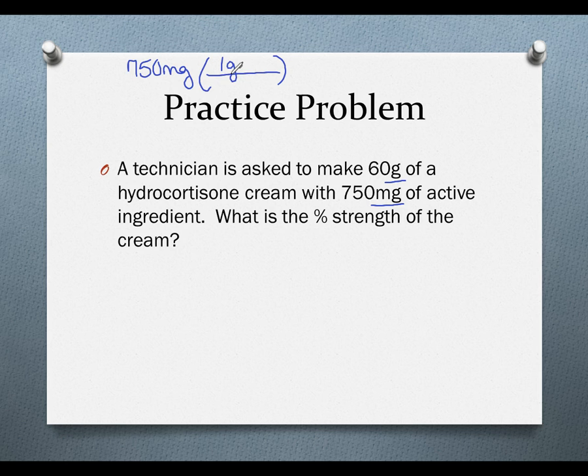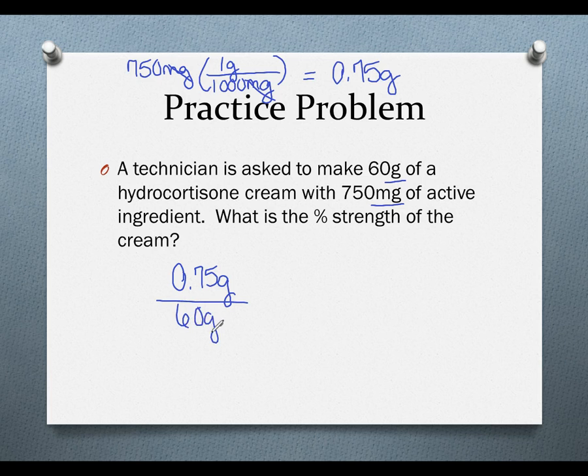So I'm going to use my conversion factor, 1 gram over 1,000 milligrams. My milligrams will cancel. So I have 750 divided by 1,000, so I have 0.75 grams. Now I can go ahead and set up my equation. My 0.75 grams is significantly smaller than my 60, so my 0.75 is my active. Multiply by 100.